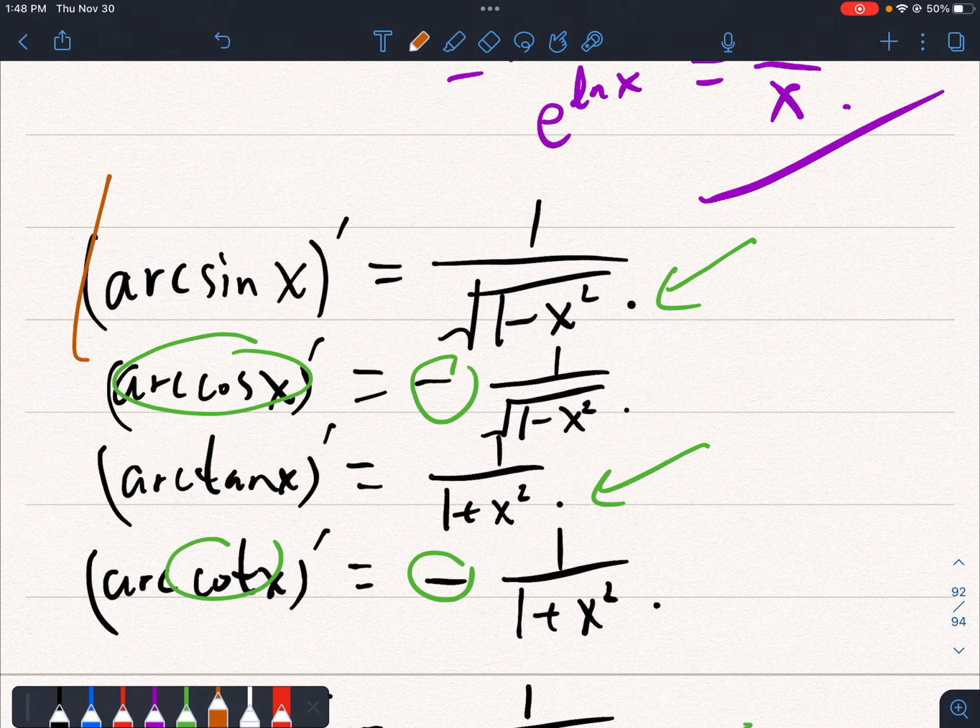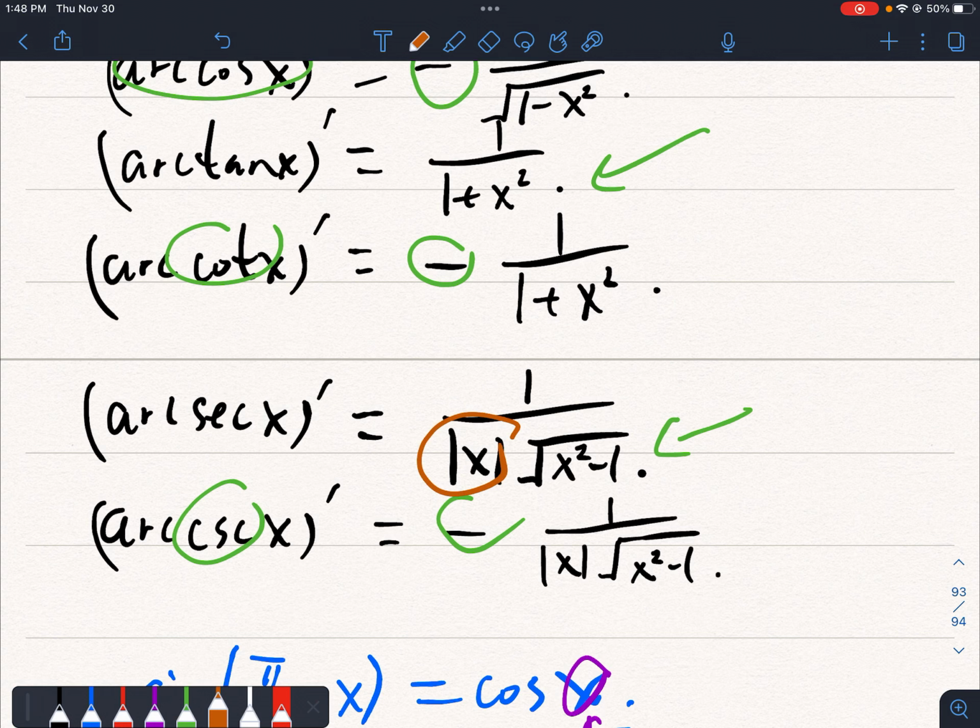One can prove easily that this is true, but one has to be careful about the definition of x and also what the quadrants are to make sure that you have the correct sign. So for example, here you don't have any, it's just plus 1. Here it's just plus 1. But here it's plus or minus 1 depending on the absolute value of x, right?